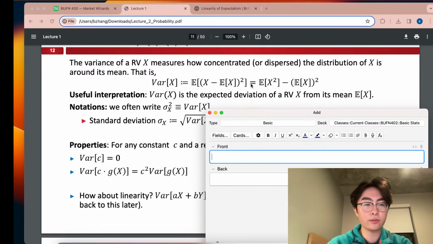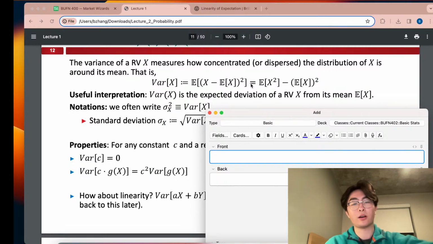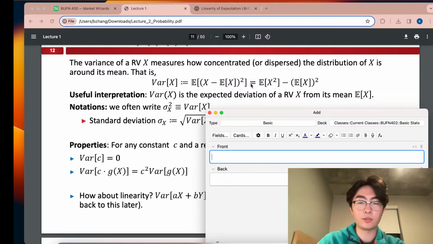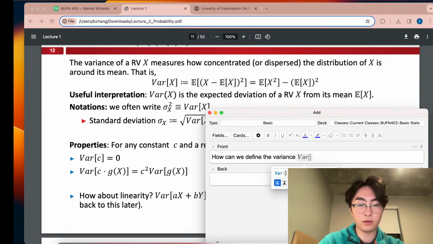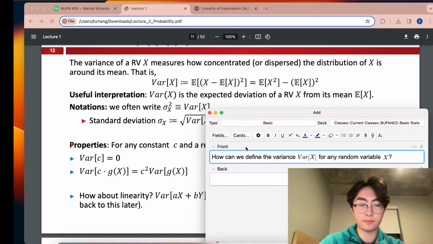The variance of a random variable x measures how concentrated or dispersed the distribution of x is around its mean. How can we define the variance of x for any random variable x?